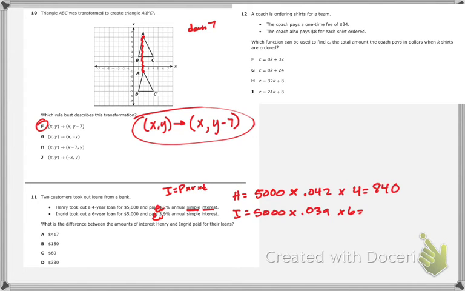So let's do that. 5,000 times 0.039 times 6. We get 1,170. And they're asking what is the difference between the amounts of interest Henry and Ingrid paid for their loan. So we're going to subtract these. So our difference is $330, which is D.